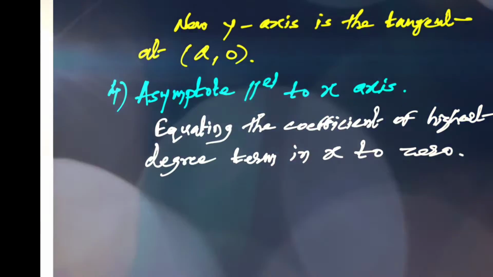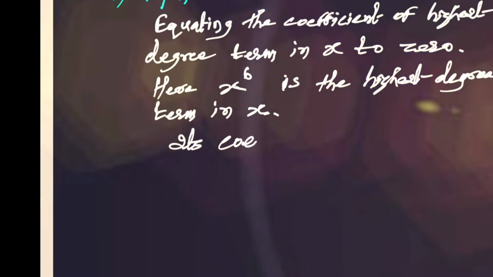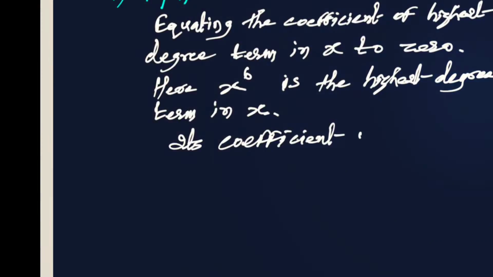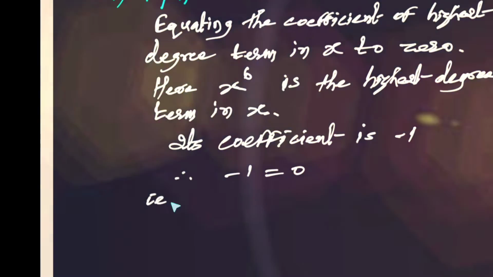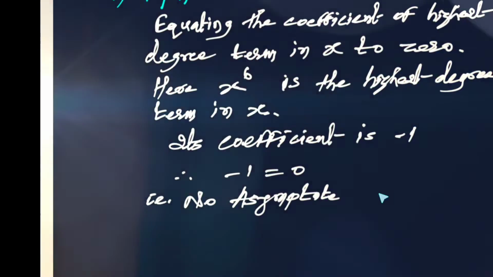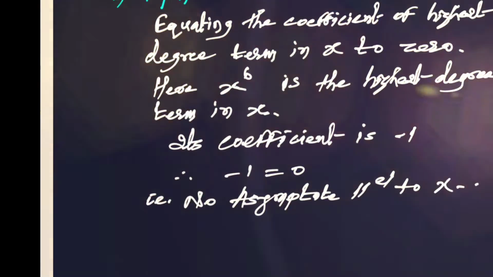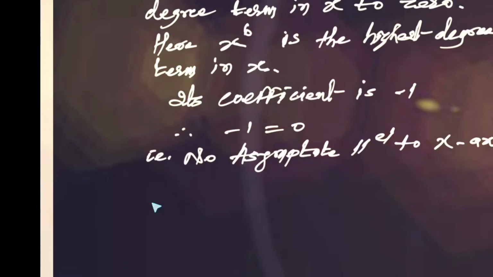Here the highest degree term in x is x raised to 6, whose coefficient is minus 1, and therefore minus 1 equals 0 does not represent any line, means no asymptote parallel to x-axis.